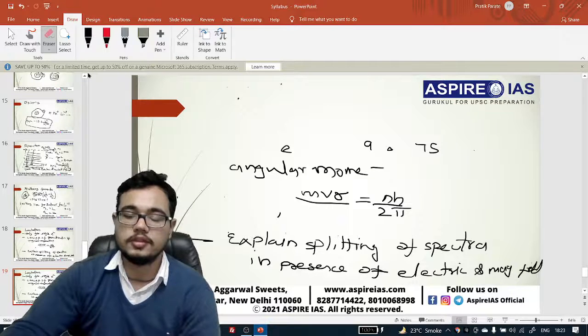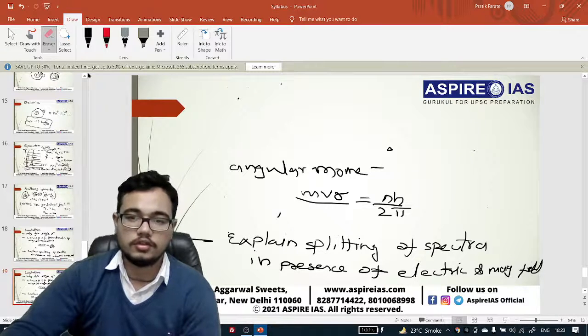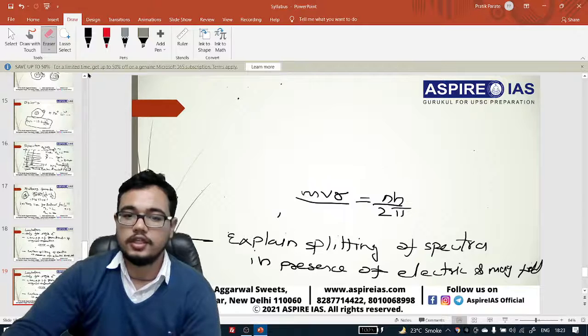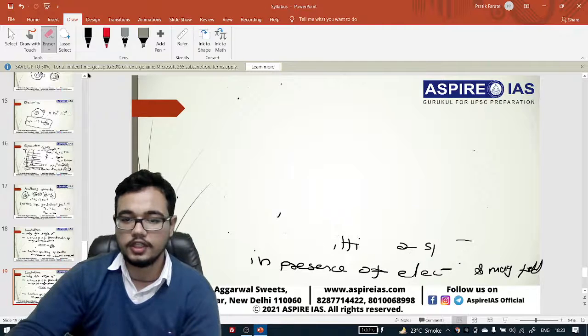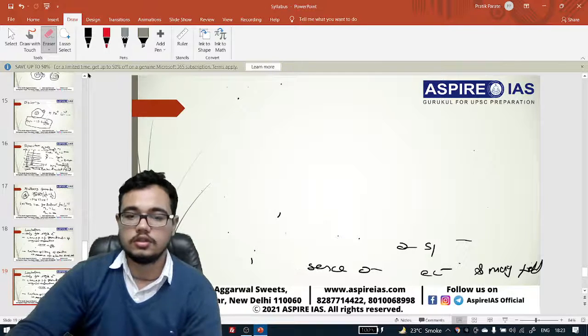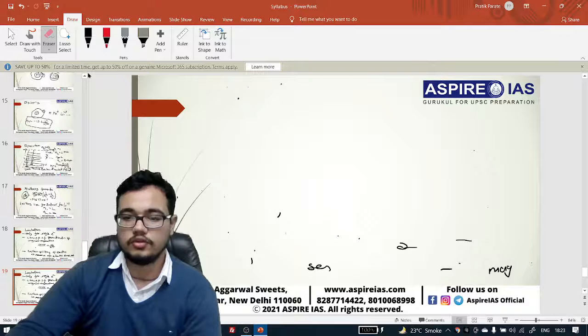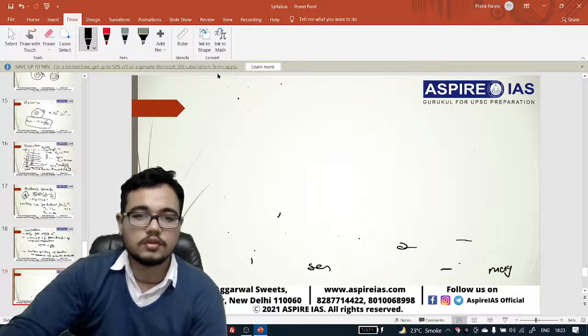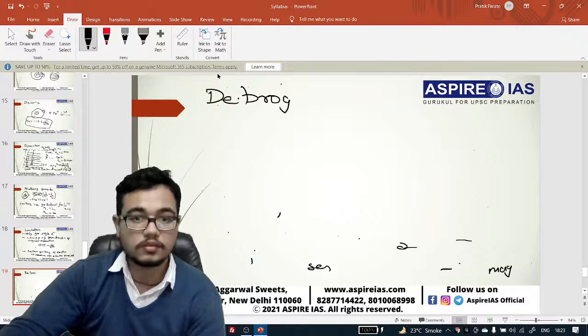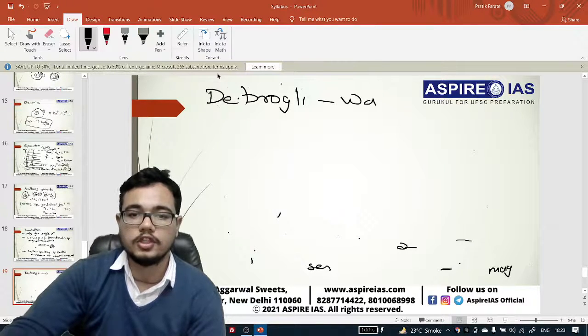Total character remains the same, one is dominant. For example, in light, wave character is dominant. In particles, particle character is dominant. Accordingly, he gave the formula of de Broglie's wave particle duality.